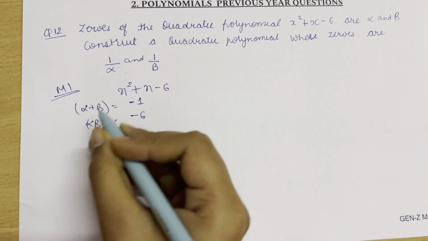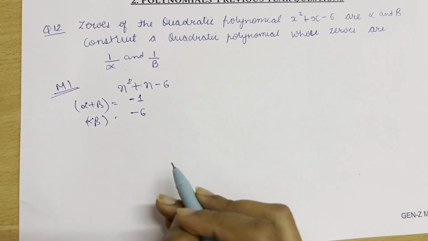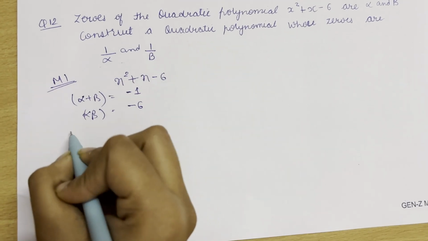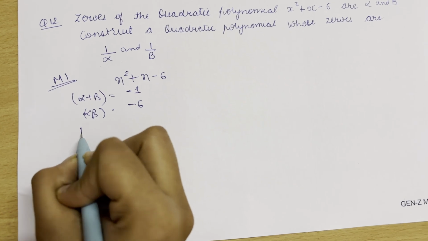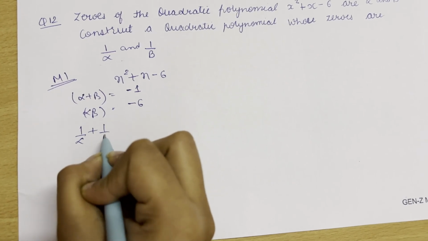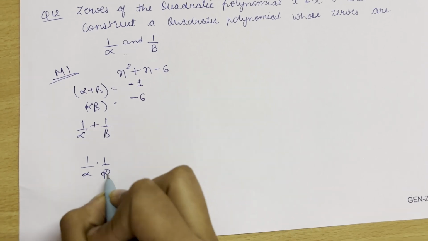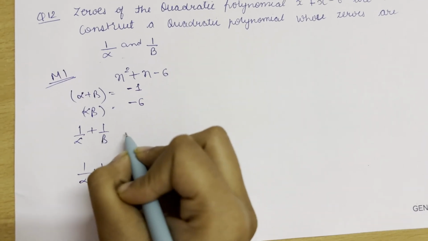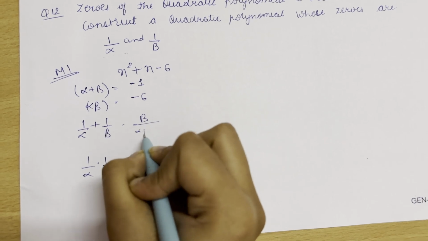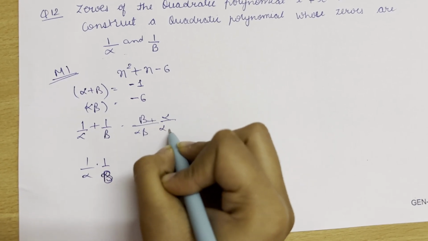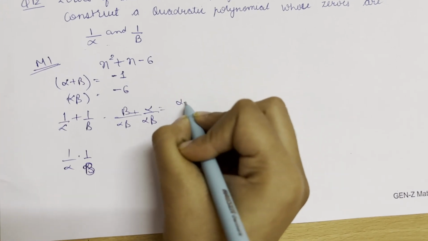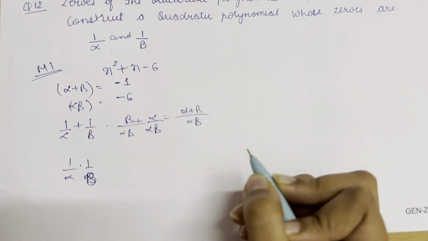Fine. Now to construct a polynomial we need the sum of zeros and the product of zeros. If I take the LCM, it becomes beta plus alpha upon alpha beta, that could be written as alpha plus beta upon alpha beta.